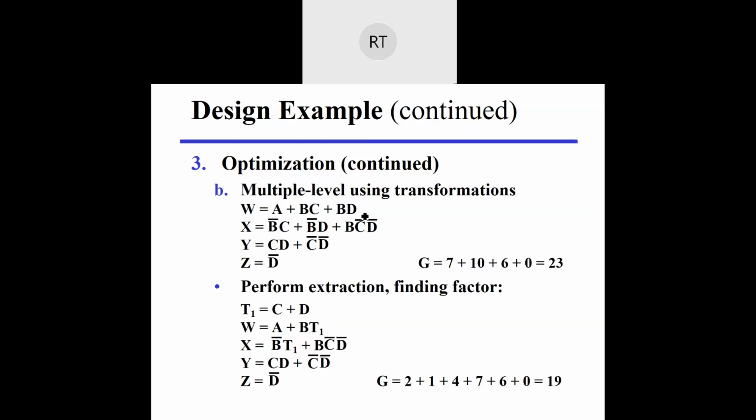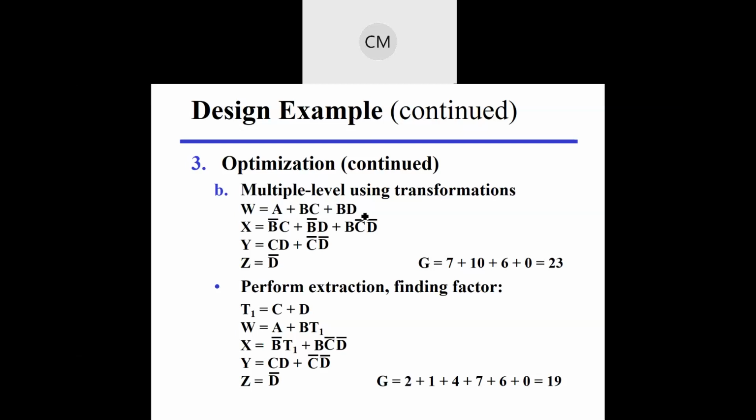What about X? 7. Yes. And Y? 4. And Z? 1. Now let's move to G. I want someone to tell me what is the G for W. 7.